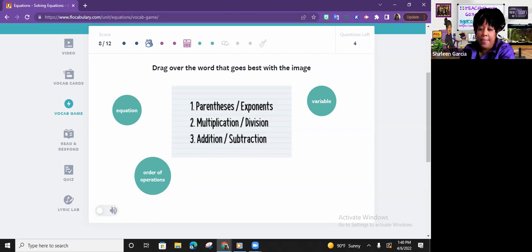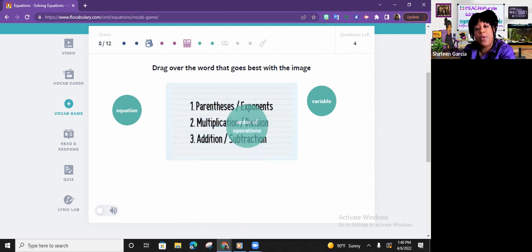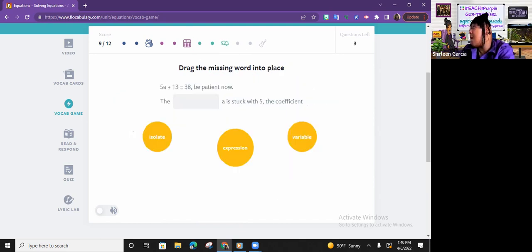PEMDAS. What is that? PEMDAS. Please excuse my dear Aunt Sally. Yes, that's the rules. You have to do parentheses and exponents before you can multiply or divide. You have to do multiplication or division before you can add or subtract if you're solving an equation.